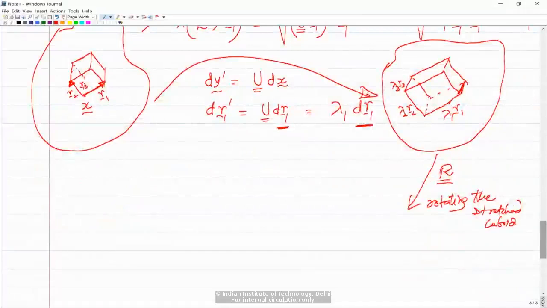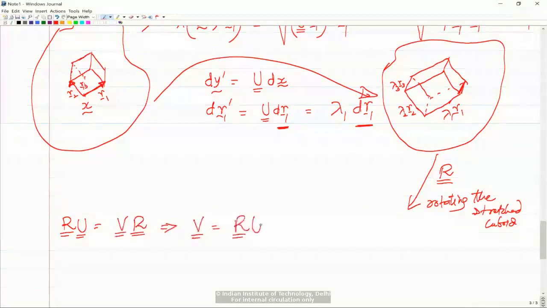So having seen this physical meaning of U, let us see what the other decomposition was doing, VR. So you have RU equal to VR, which means this V is equal to R times U times R transpose.